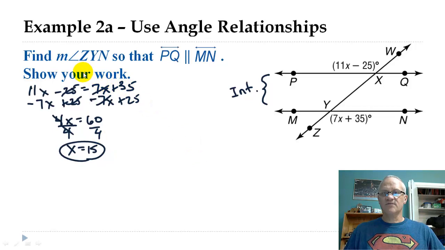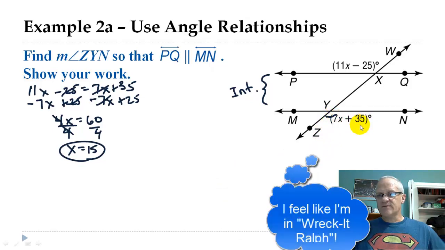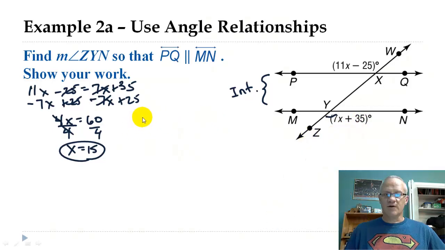What were they asking for? ZYN. What do I have to do to find ZYN? ZYN is this angle right in here. Of course, I partially covered that up. But that's the 7x plus 35. So plug it in. The measure of angle ZYN will just equal 7 times 15 plus 35.